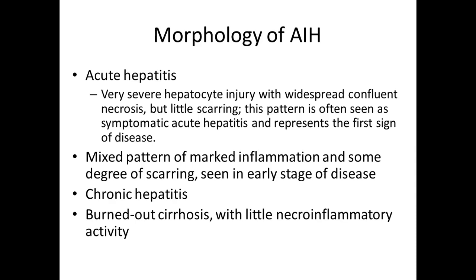Thirdly, it forms spikes, then bridging fibrosis, partial nodules, and complete cirrhosis. So any stage of fibrosis may be seen, and autoimmune hepatitis may give a picture of chronic hepatitis, in which the inflammation is mainly centered within the portal triad.